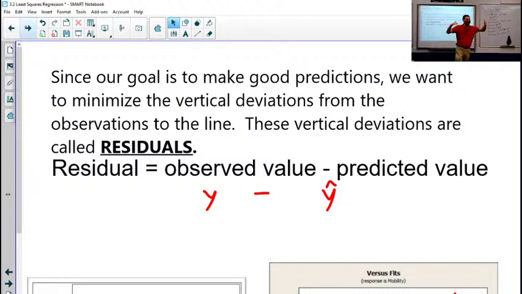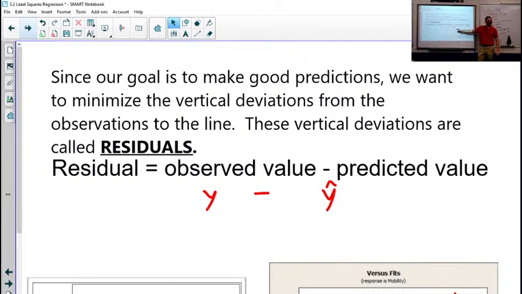And the difference between that actual 6-foot person and the prediction of how much the 6-foot person weighs, that's the residual. So the residual is the observed value minus the predicted value. Or in other words, y minus y hat.